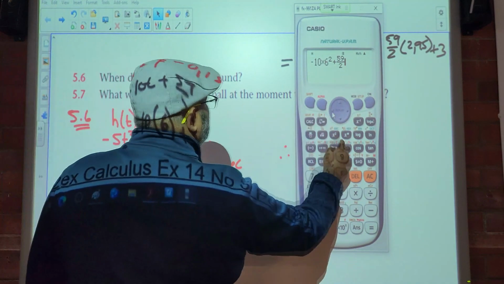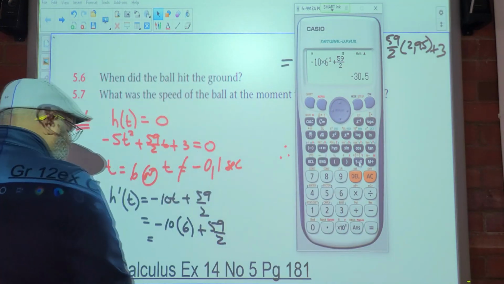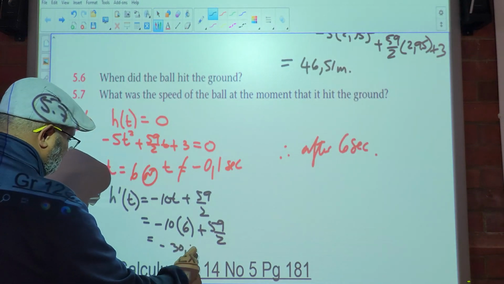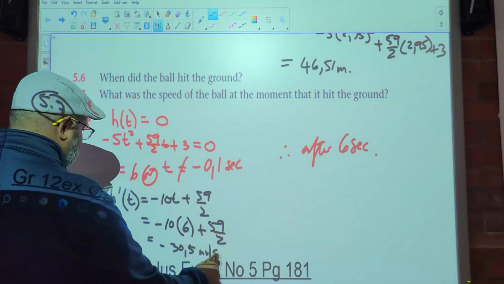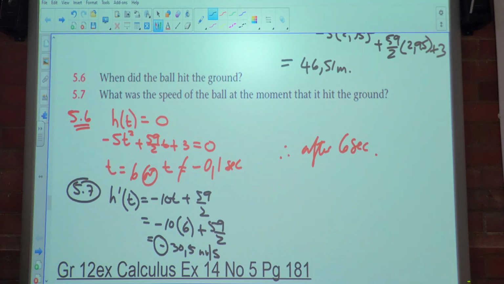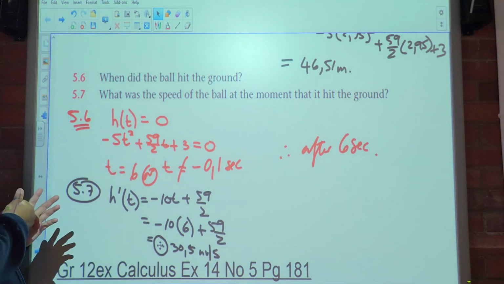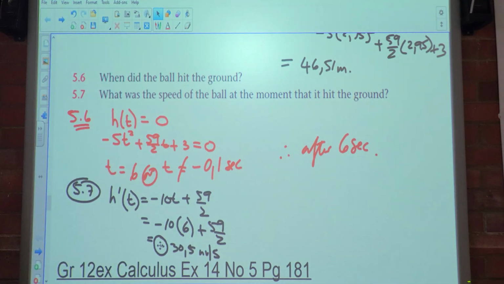Negative 30.5 meters per second, or you can say it's in the downward direction of 30.5 meters per second. You guys understand? Does the textbook give you an answer? They use a negative. Normally they would interpret this, but they just give you the answer as it is. So that brings us to the end of this video.